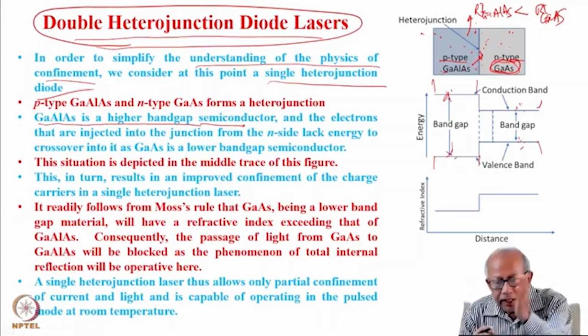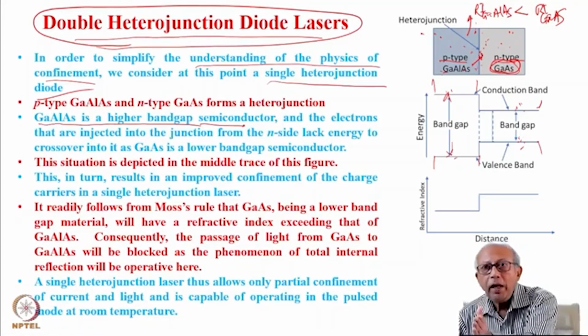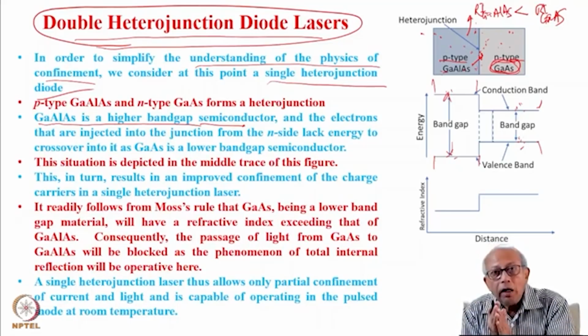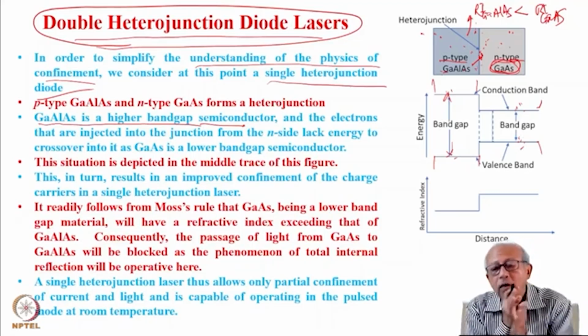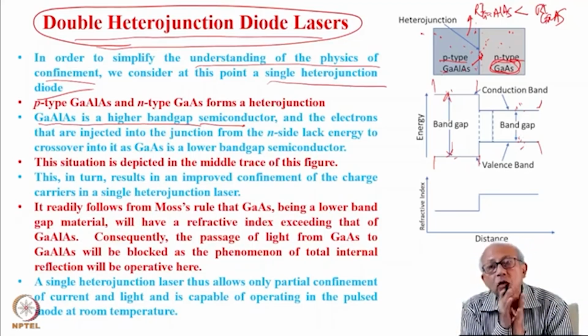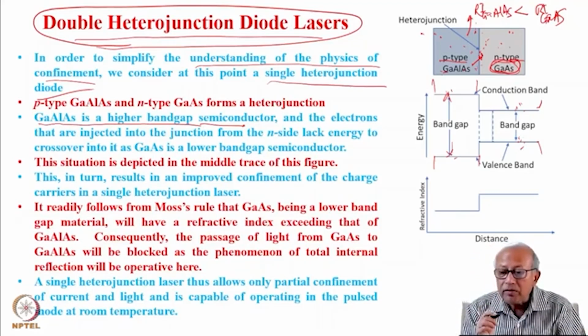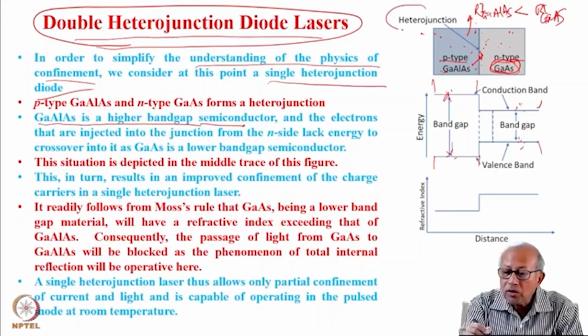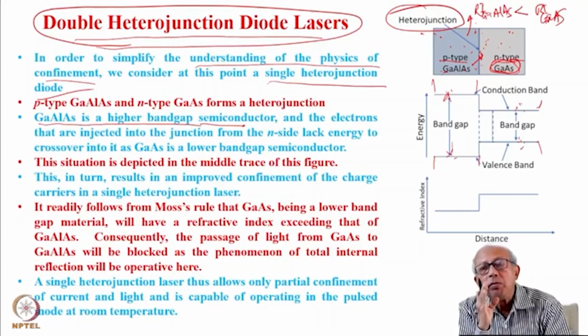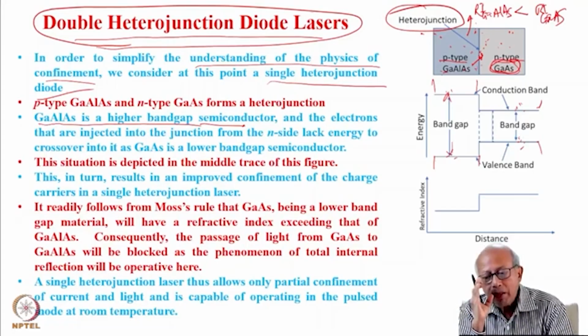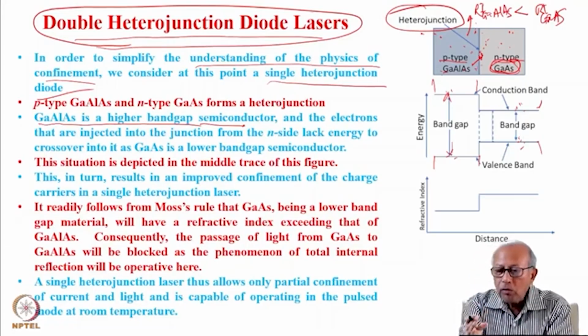So the single heterojunction will, of course, allow partial confinement of light and partial confinement of charge carriers, not full. But this explains how a heterojunction can offer confinement of both light and charge carriers, although partially if it is a single heterojunction.